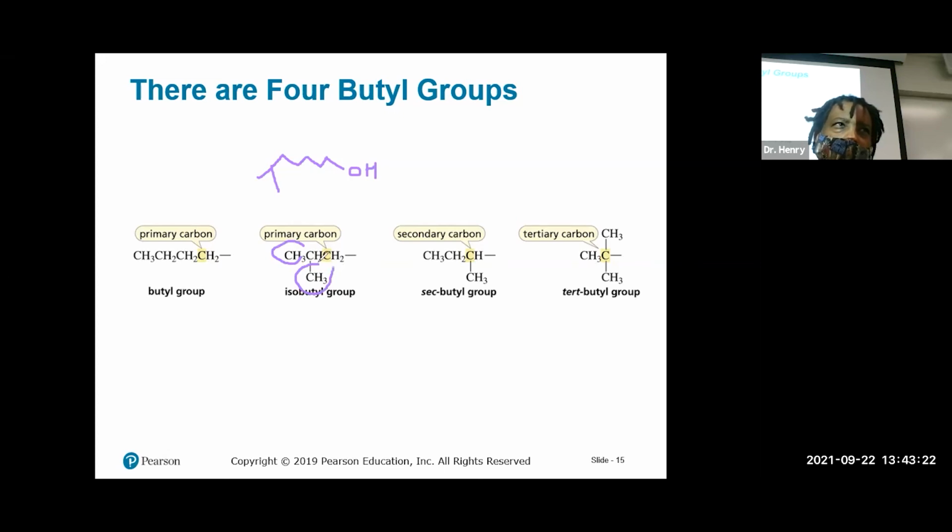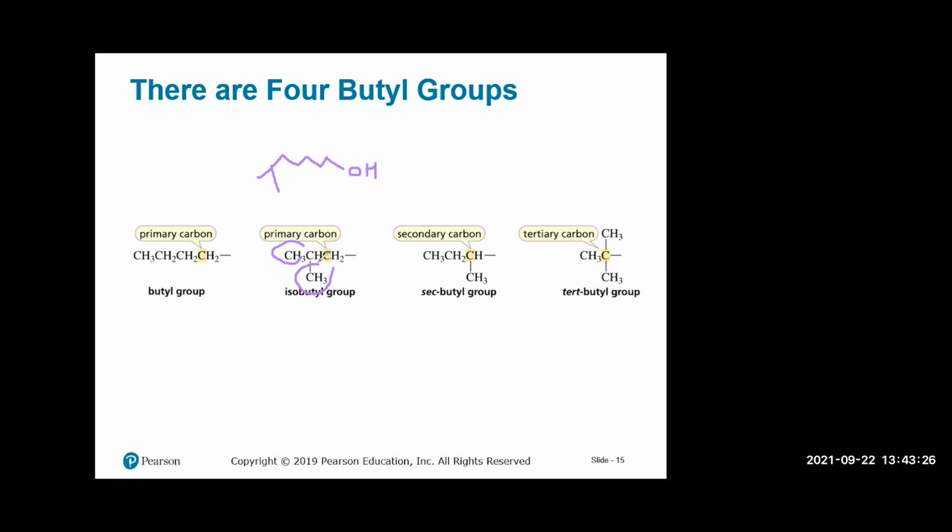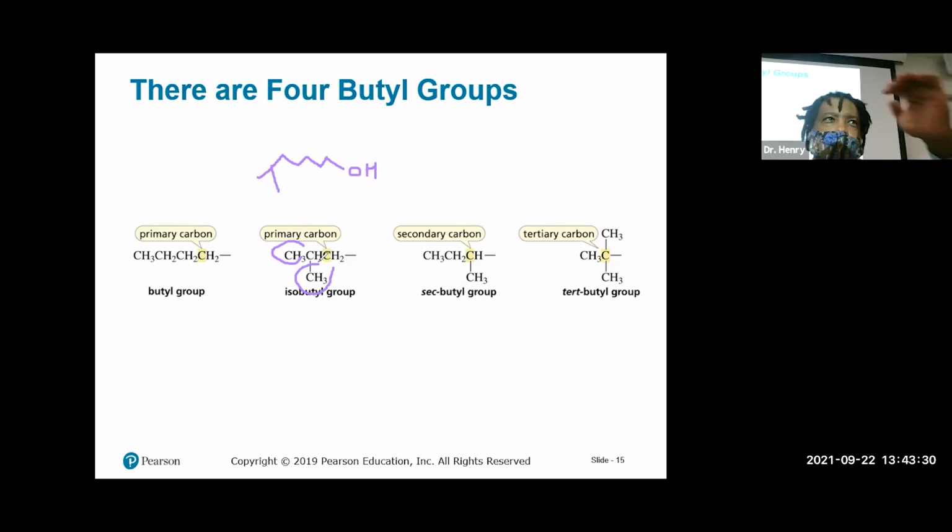Okay. Do you guys see that? Oh, now I see it. Yeah, just remember it's the branch. But again, this is for the common name, right? So if it's isopropanol, right? Okay, branch, okay?